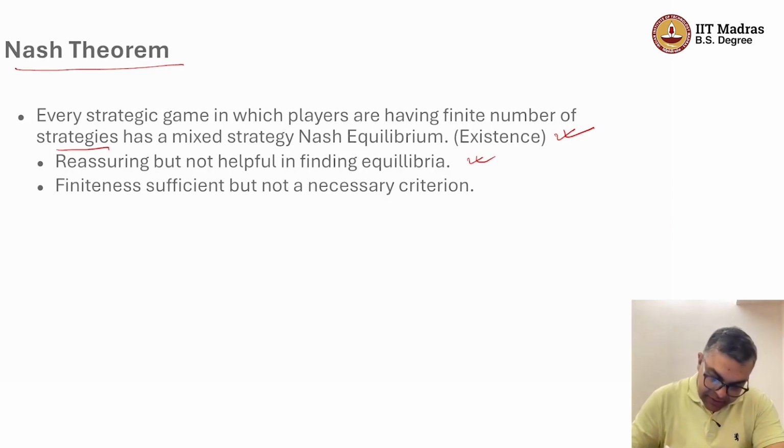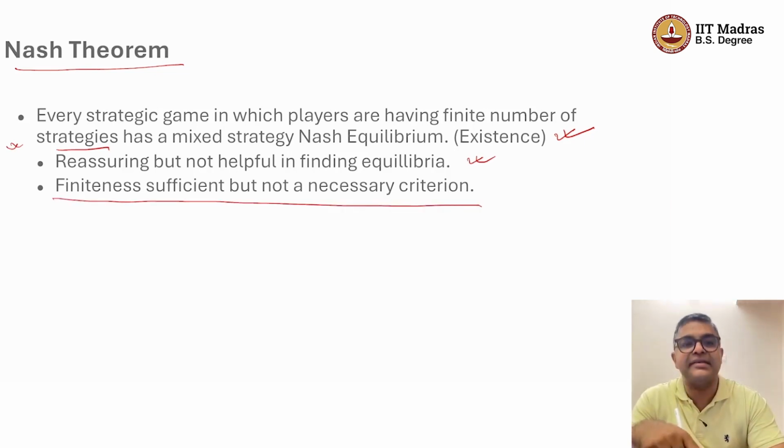Second, and this makes it even broader, finiteness is a sufficient criterion, not a necessary criterion. So even if players have infinite strategies, we can still get a Nash equilibrium in those games. These are the basic characteristics of mixed strategy Nash equilibrium.